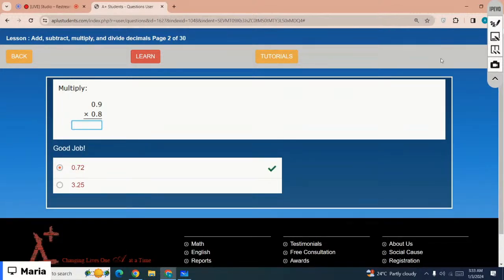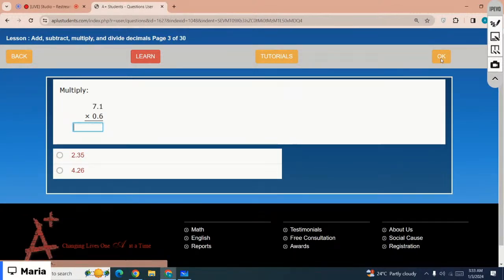Okay, the next one is 7.1 times 0.6. Which is the correct option, 1 or 2?